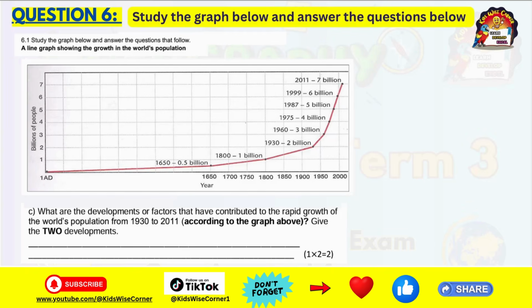What are the developments or factors that have contributed to the rapid growth of the world's population from 1930 to 2011? According to the graph above, give the two developments. From 1930, which was 2 billion, to 2011, which is 7 billion. So what were the developments? There could have been better medical care.